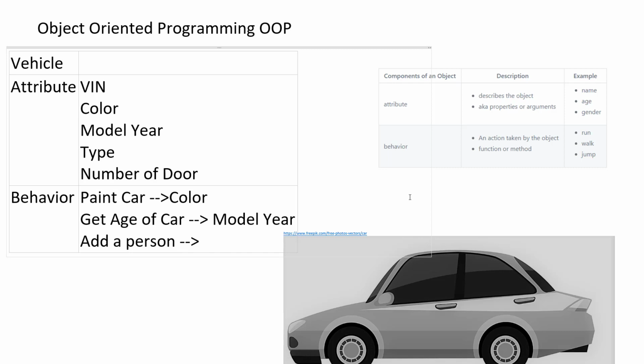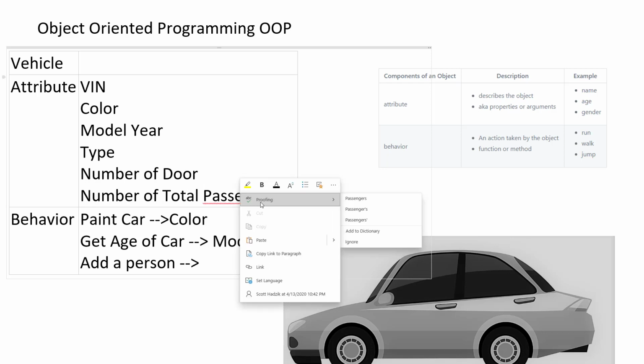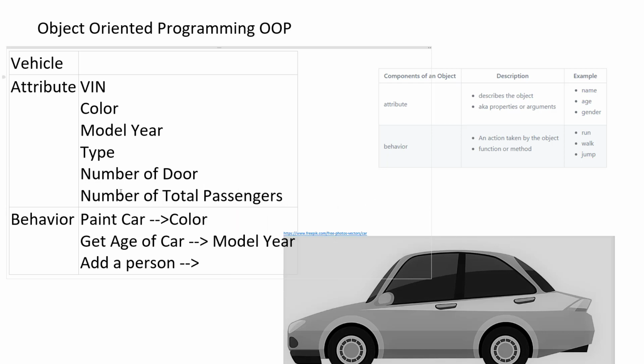So then I would be affecting, oh, we don't have a thing for that, so let's say we have an attribute that says number of total passengers. This number is how many people can fit in this car.